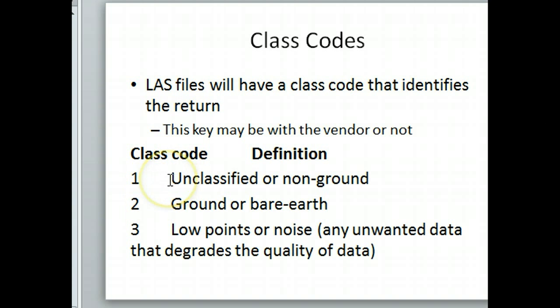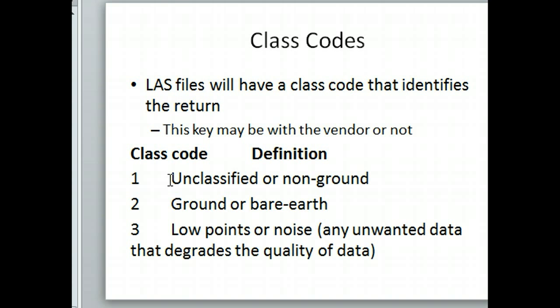The number 1, unclassified, means everything else. What that means is the first thing it hits: the treetops, the roads, the tops of cars, that's what you get. If you want to create a digital elevation model, you would use that class code 1. If you want to create a ground earth, you would use the class code 2.